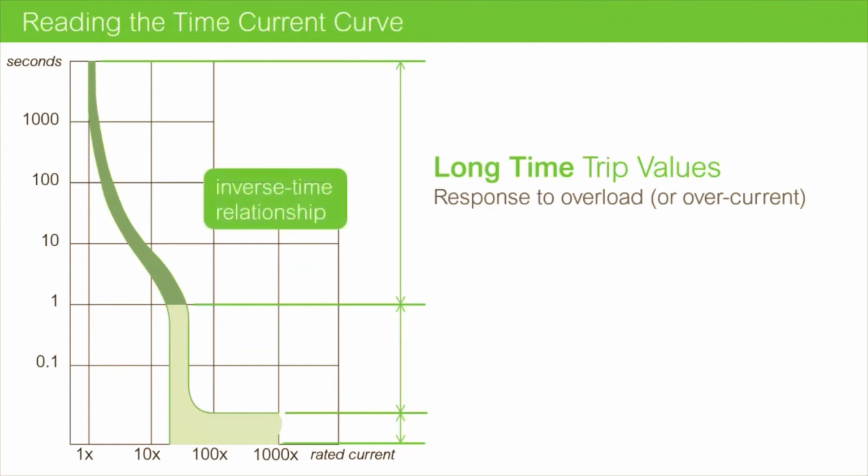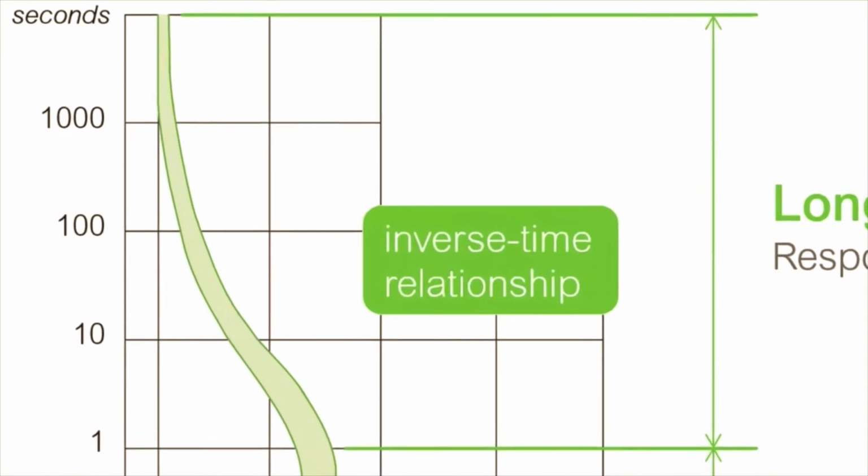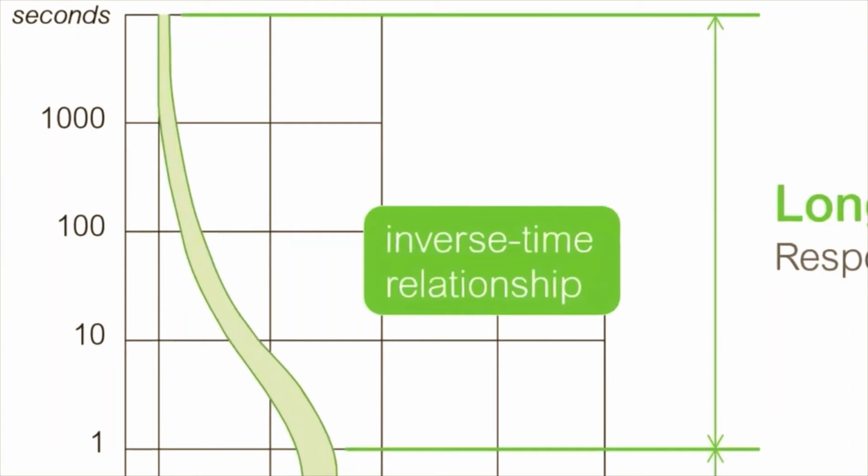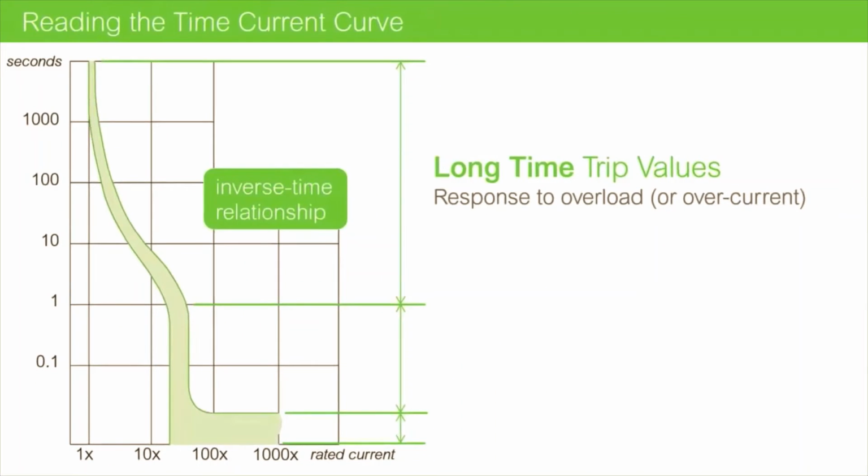You'll notice the long time trip curve has an inverse time relationship. That means for this range of the time current curve, the lower the current, the longer the response. The higher the current, the shorter the response.